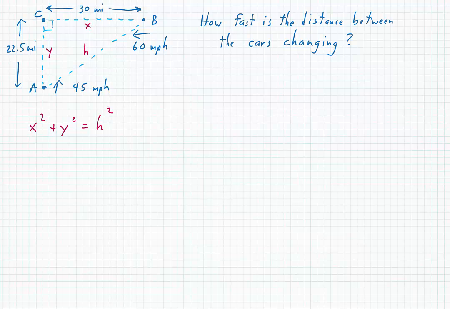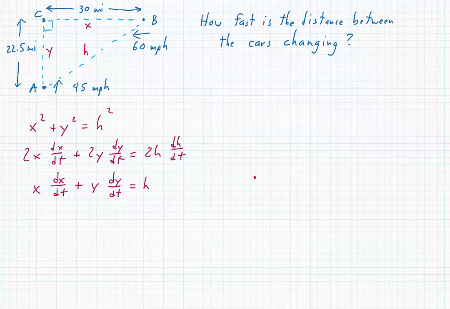If we take derivatives of both sides of this equation with respect to time, we'll end up with 2x times dx/dt plus 2y times dy/dt is equal to 2h times dh/dt. And if we divide everything on both sides by 2, we'll get x dx/dt plus y dy/dt is equal to h dh/dt.